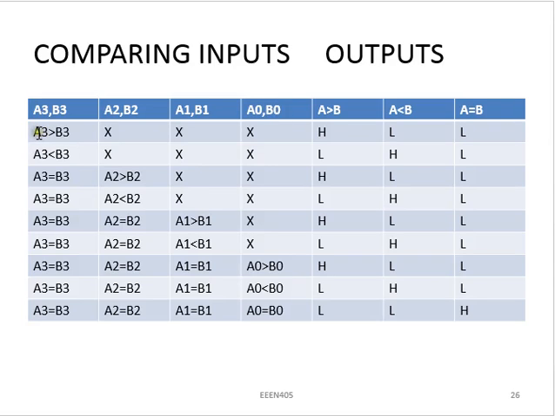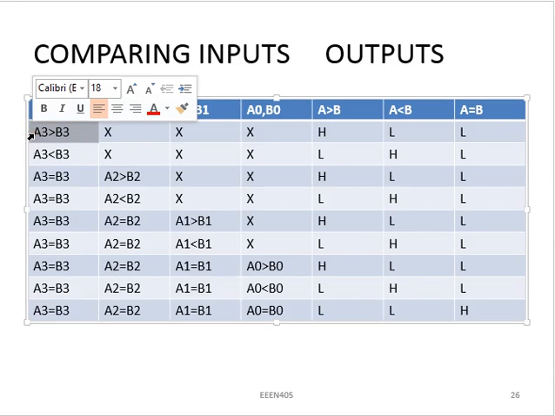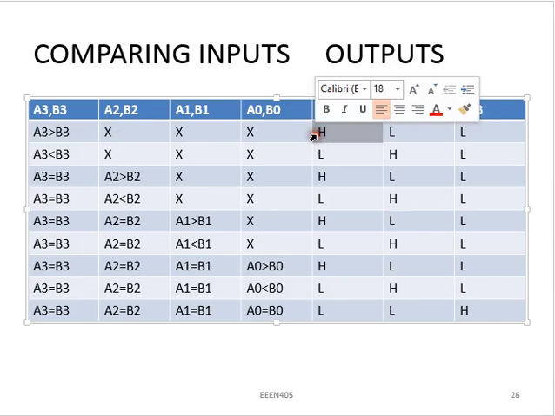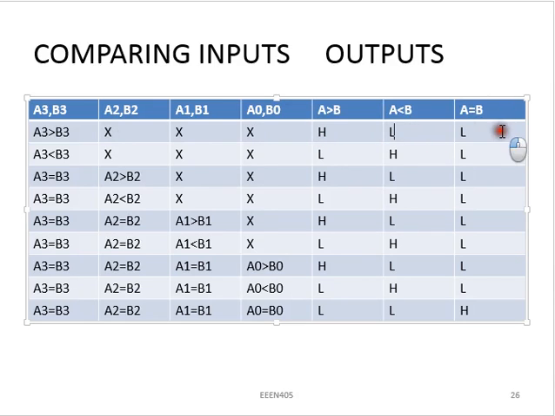We first of all compare A3 and B3. If we establish that A3 is greater than B3, I don't need to compare A2, B2, A1, B1, or A0, B0. That's why I put X, these are don't care conditions. I can conclude that A is greater than B. This is why I have high here and the other terminals low.